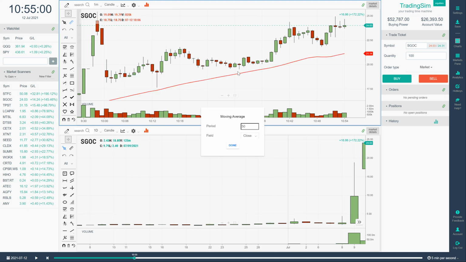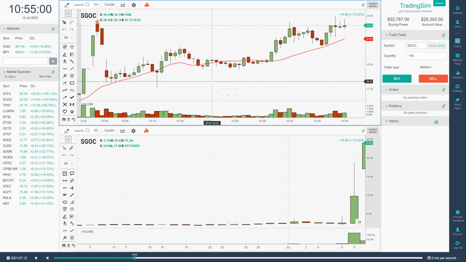Or you could use a VWAP, something to show you where your average price is. If I throw on this 20 moving average, you notice that volatility contraction is happening right at that crucial moment, and then we launch out of there.